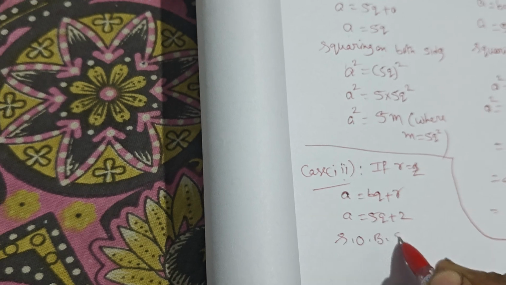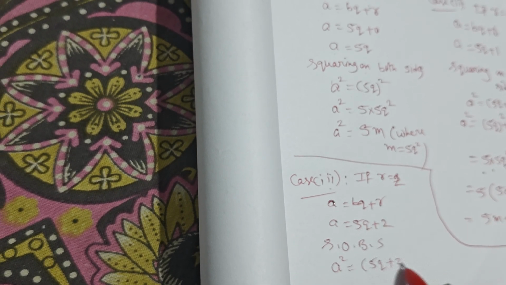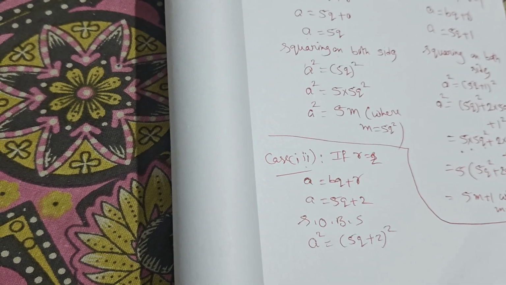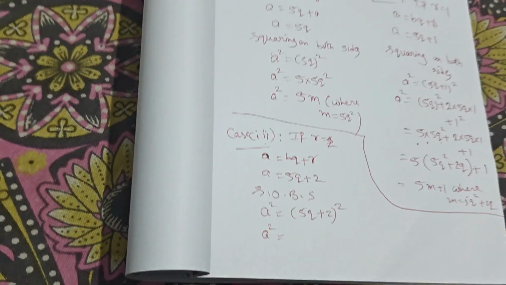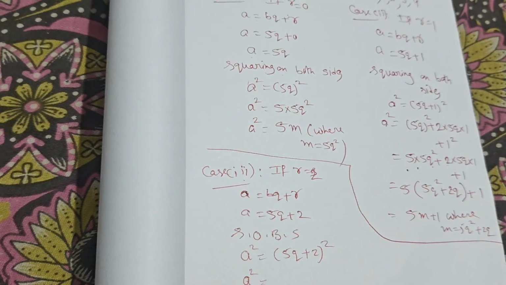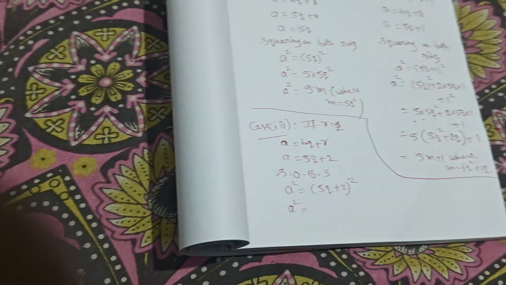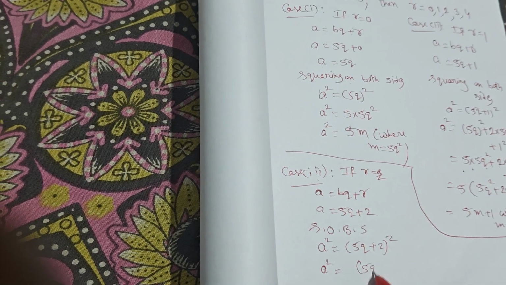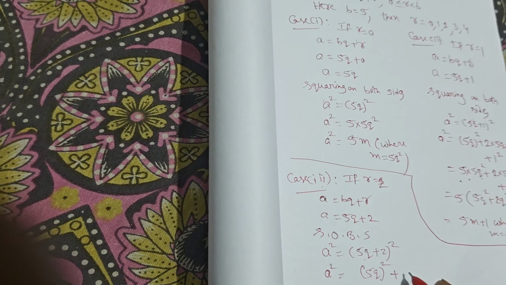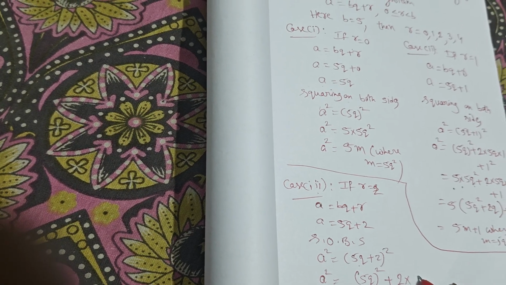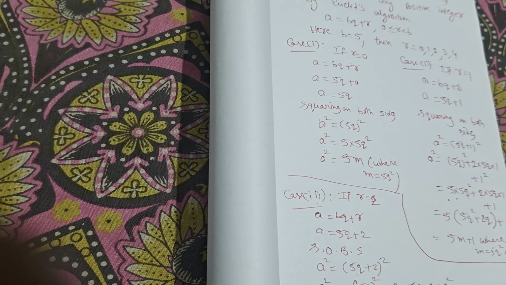Squaring on both sides. a square equal to (5q plus 2) whole square. The (a plus b) whole square formula is a square plus 2ab plus b square. Is it right? So a square, a value 5q, this is a, this is b, plus 2ab, 2 into 5q into 2, plus b square.